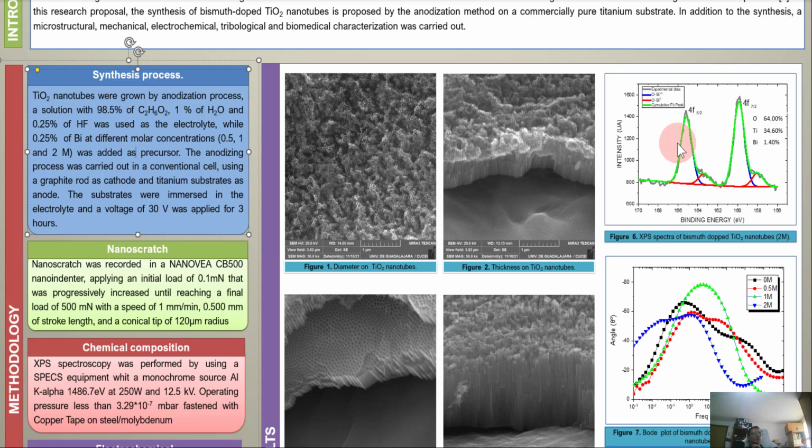And from this graph, we obtain the chemical composition, and we prove that bismuth is present in these doped nanotubes.